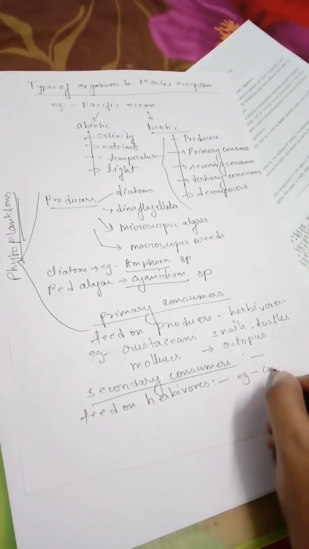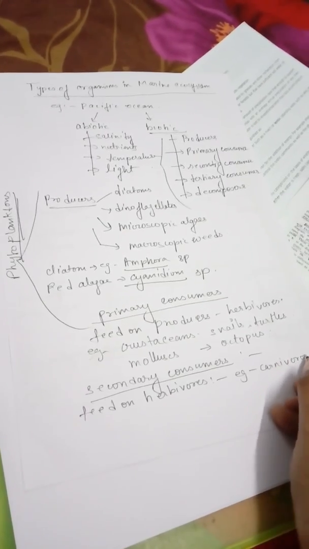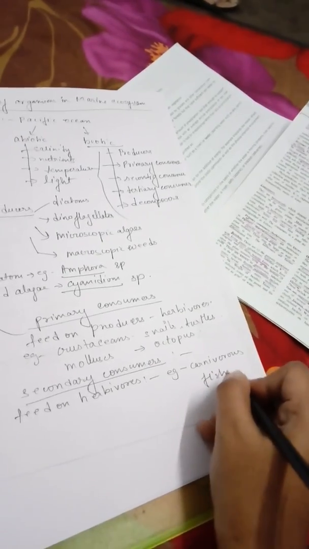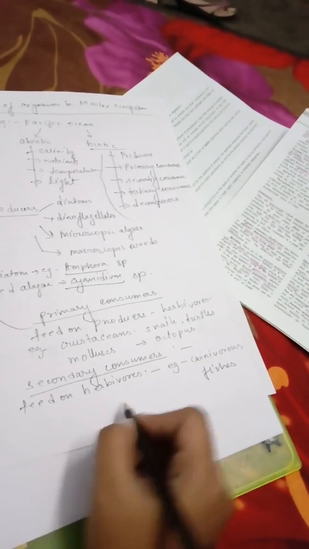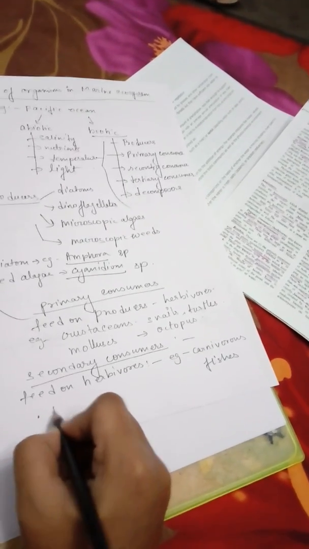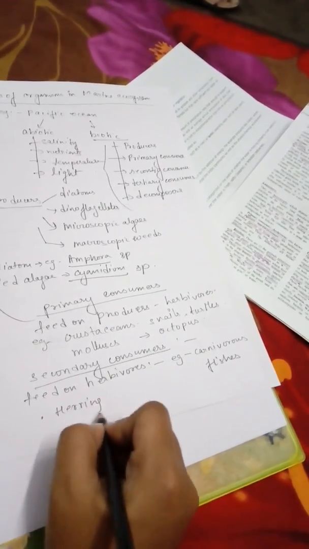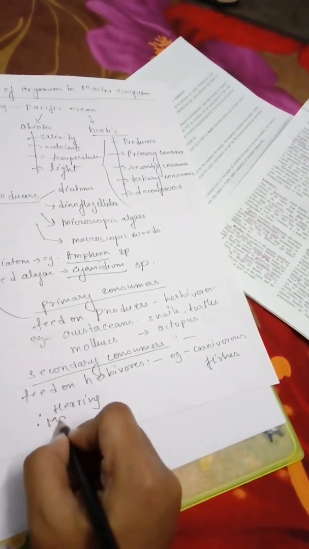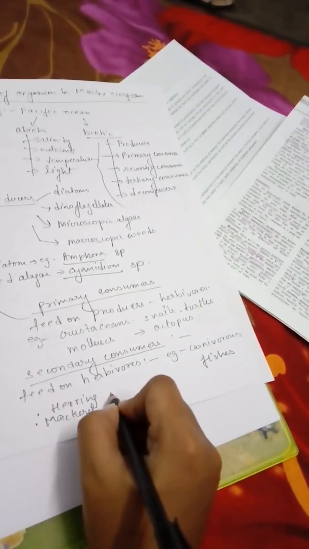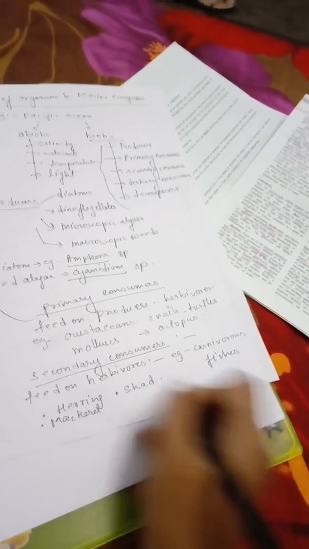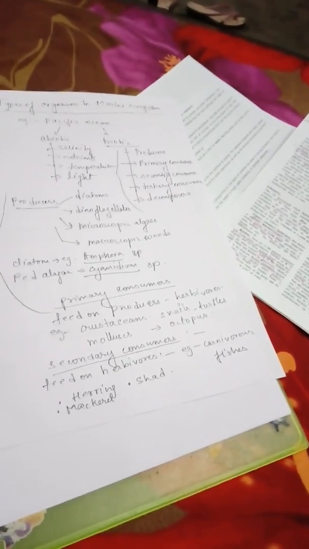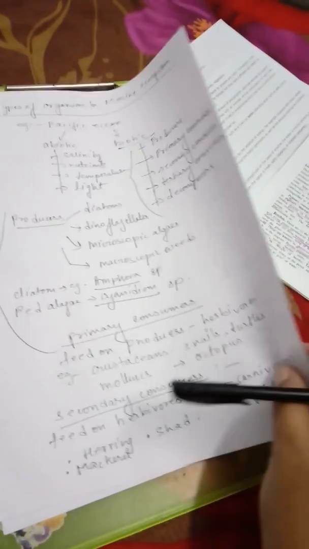They are carnivorous fishes. These include herring fish, mackerel fish, and shad fish.